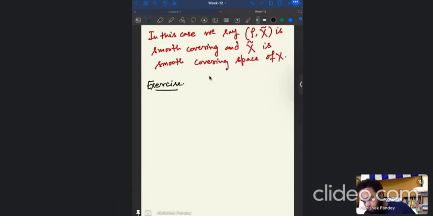Okay. So the first thing is, in definition one, you can show that rho is an open map. Okay, so this is quite easy to see. So let us look at this thing.